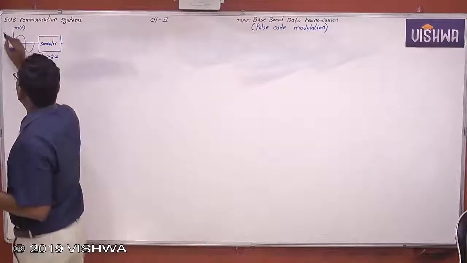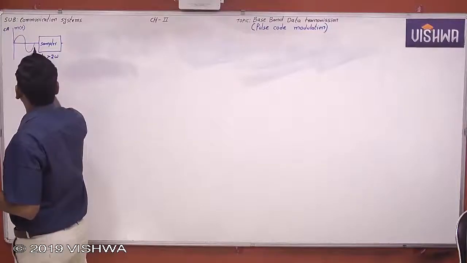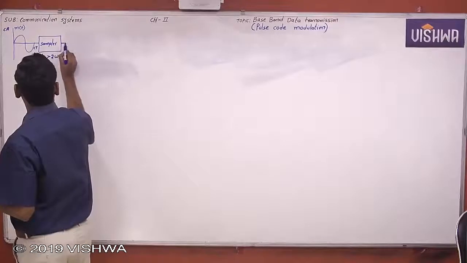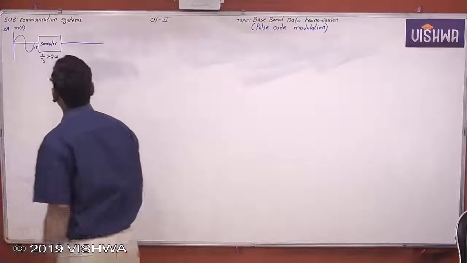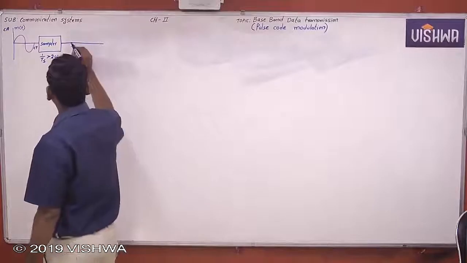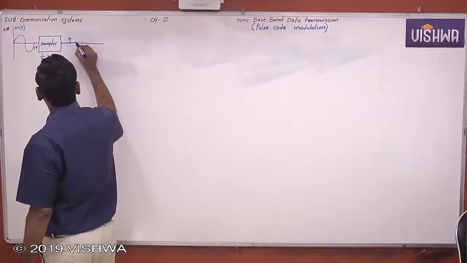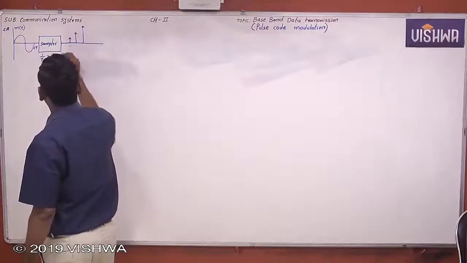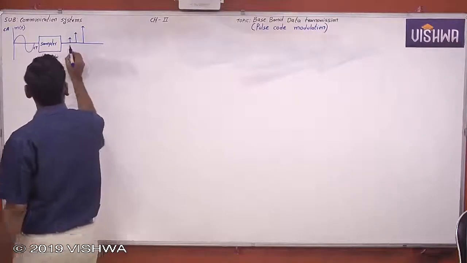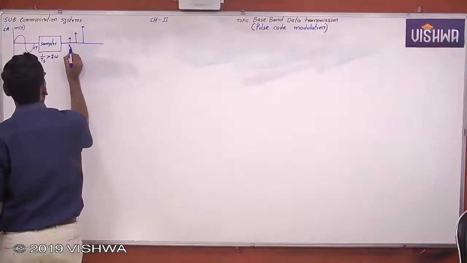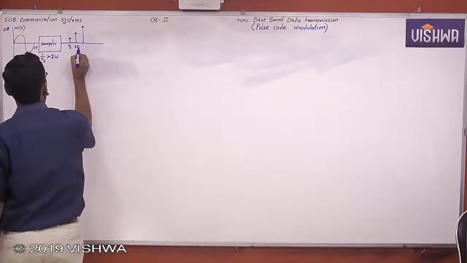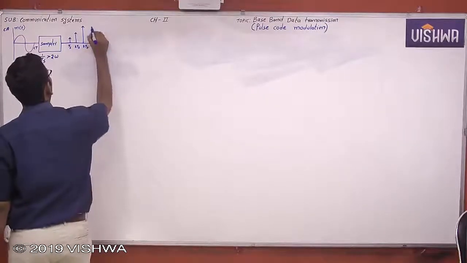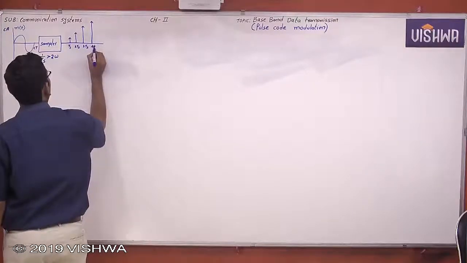Now you know that a continuous-amplitude, continuous-time signal will be converted to a signal discretized in time, at TS seconds, 2 TS seconds, 3 TS seconds, and let us take up to 4 TS seconds.